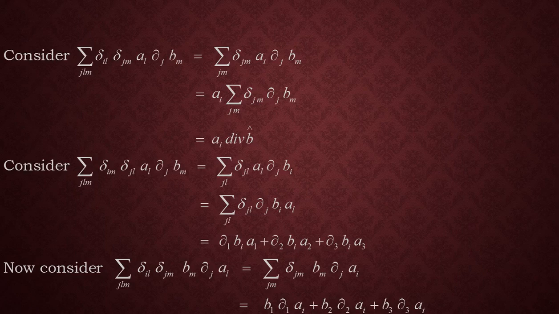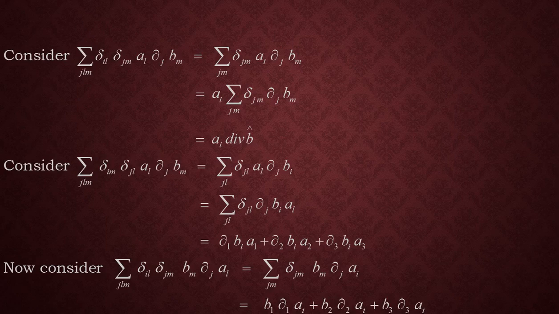Remember that there are 4 parts on the RHS of the previous expression. Let us select the first part among those 4 parts. The first part is given by summation sigma over jlm delta suffix il delta suffix jm al dou j bm. Here we contract delta suffix il. That means delta suffix il equals 1 if i is equal to l.